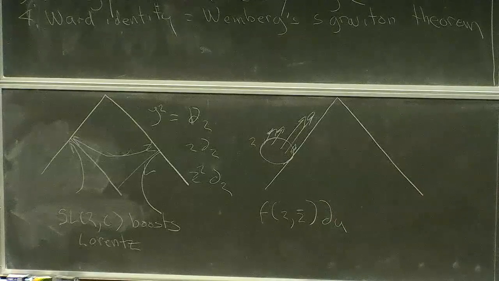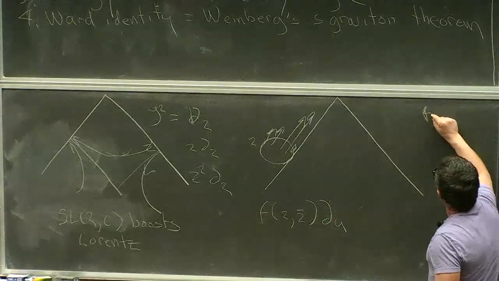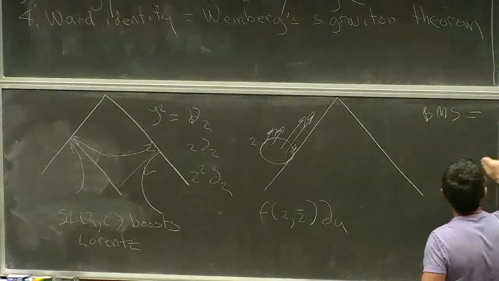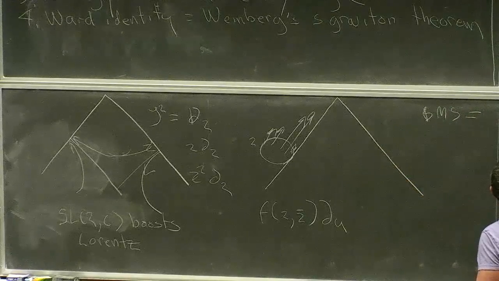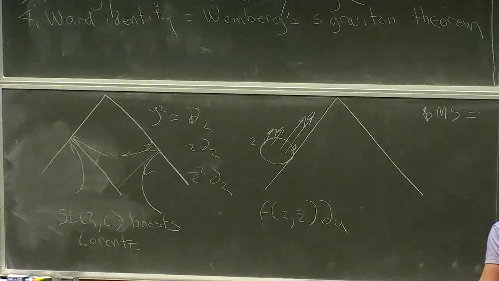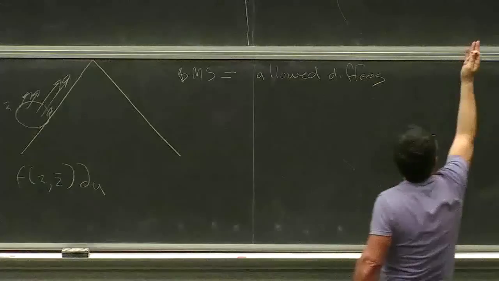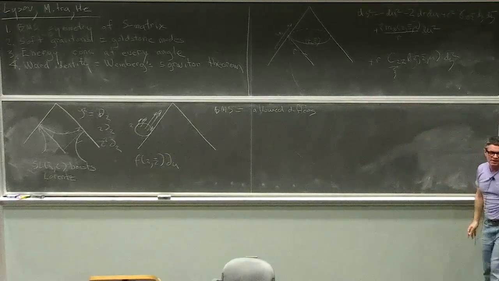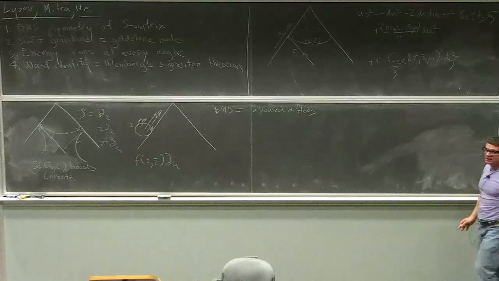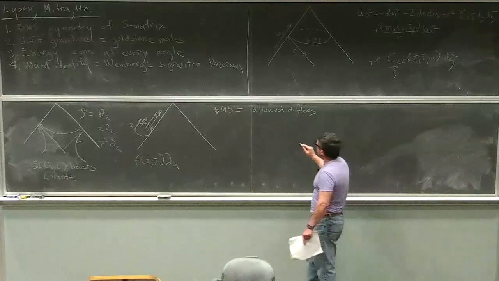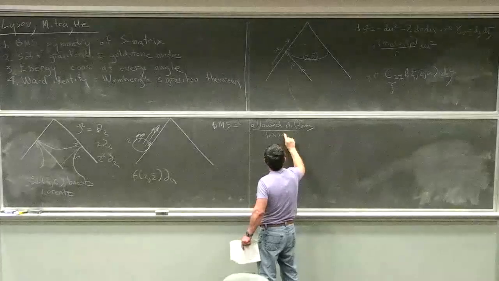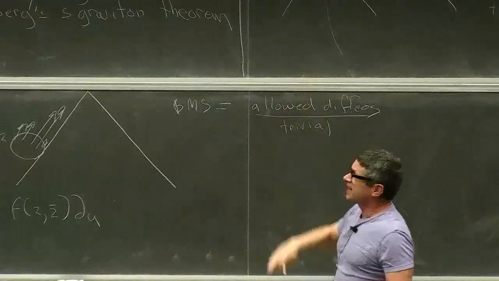And BMS argued that the BMS group is sort of all the allowed diffeomorphisms, that is, all the diffeomorphisms that preserve some boundary condition that they defined very precisely, modulo the trivial diffeomorphisms, ones that do nothing to the physical data at infinity.